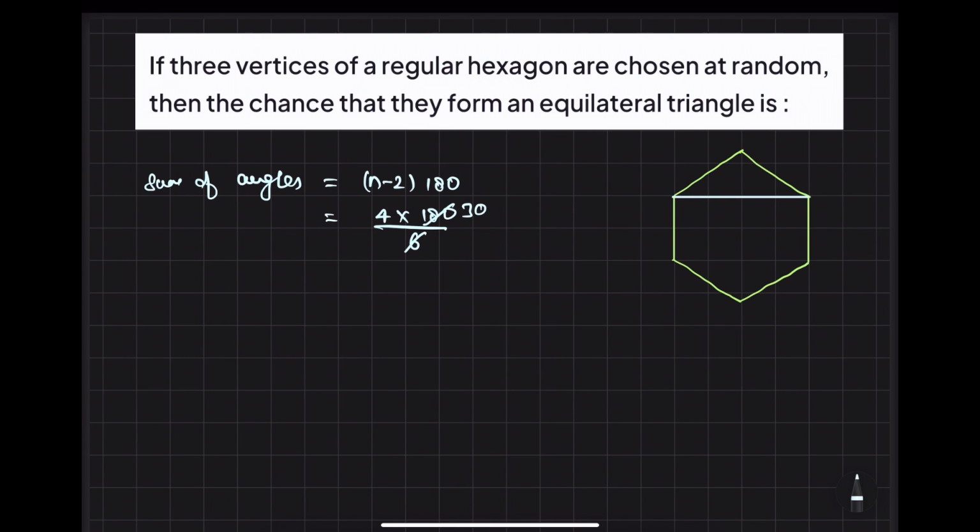If this is 30, this angle will also be 30, right? So 30 this side, 30 this side. So 60 is gone, and you know it is 120. This means this angle is 60 degrees, correct?